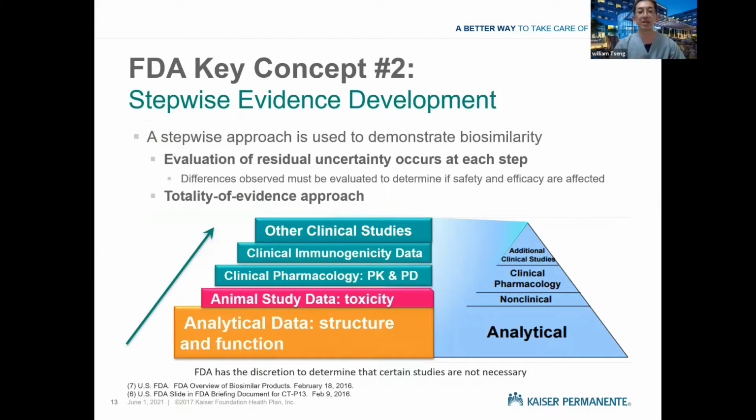First you look at the analytical structure and the similarity, and all the different steps of due diligence for the medication, meaning comparing the analytical studies, looking at the animal studies, looking at the comparative PK, or pharmacokinetic, and pharmacodynamic studies, and making sure the human clinical studies are all the same. By looking at all those things, you base your next study on what the data shows in the previous study. So it's a stepwise evidence development. You base your next study on what came beforehand.